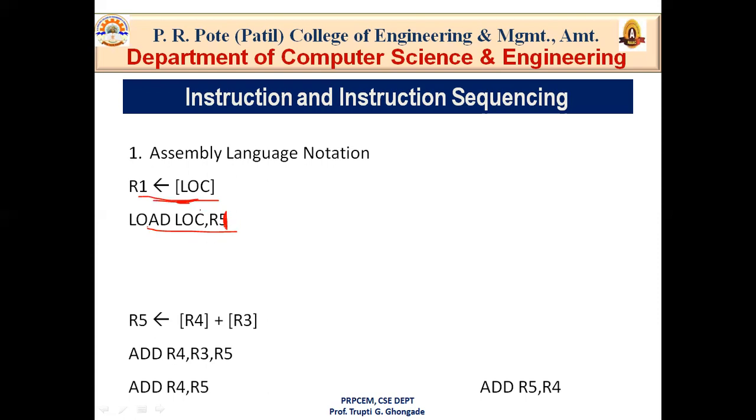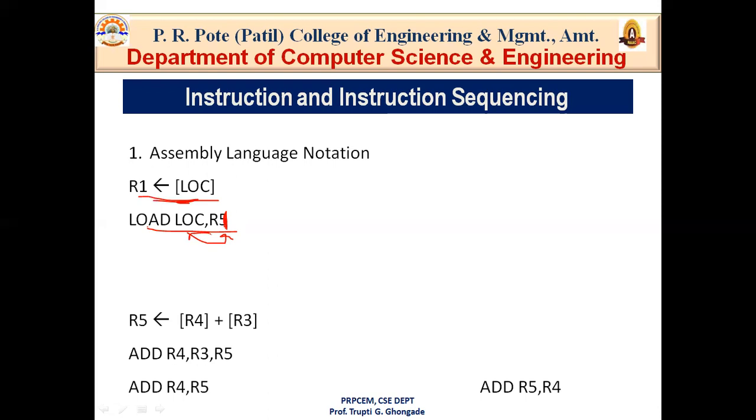So here we are transferring the contents from the location to the register R1. That means the contents of the memory location LOC go to the GPR R1. So we will write LOC to R1, that means memory location to R1.